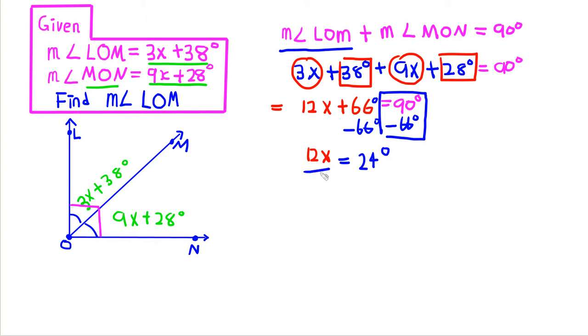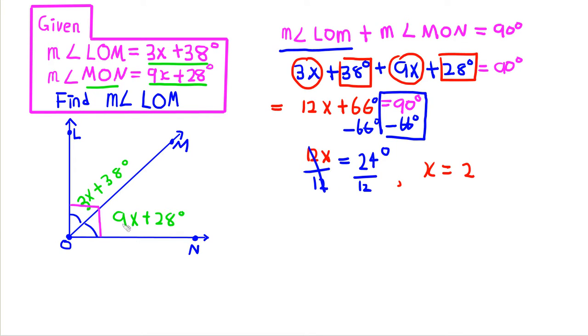And if we divide both sides by 12, we get x should be equal to 24 divided by 12, which is 2. So I'll just call it 2.